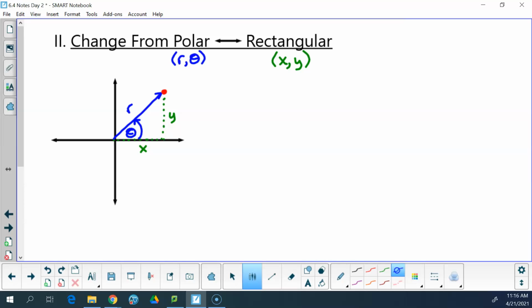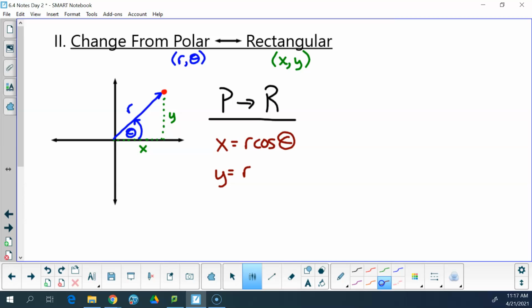Converting back and forth between those two. So if I'm going to go from polar to rectangular, I have my r value, I have my theta value. I need to know what x and y are. What I'm going to do there is x is equal to r cosine of theta, and y is equal to r sine of theta.